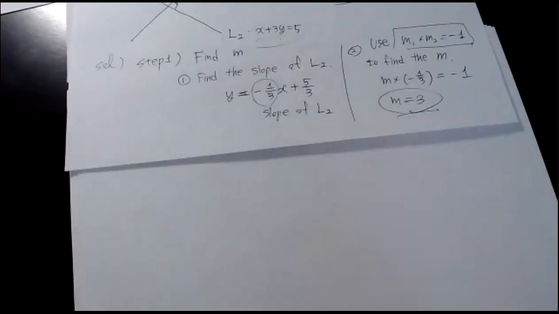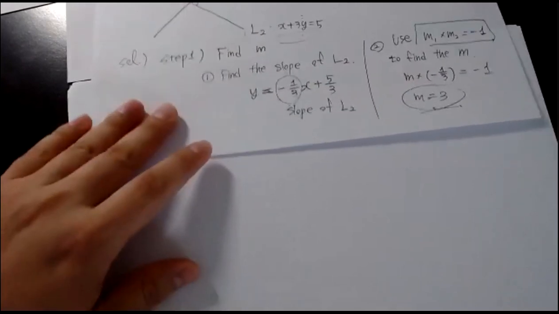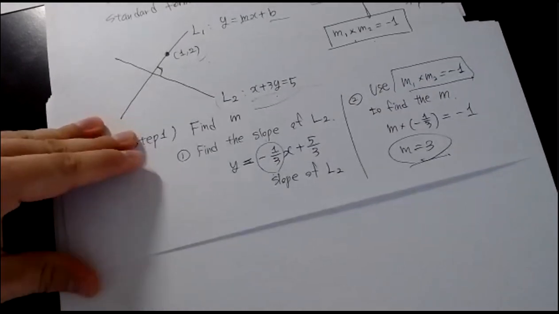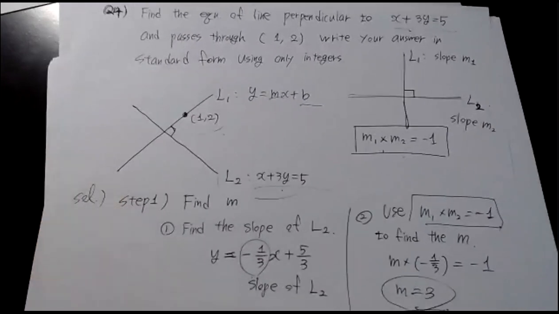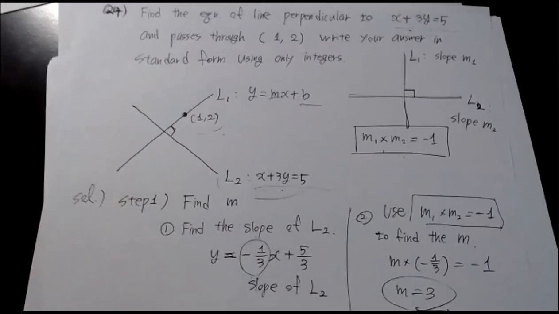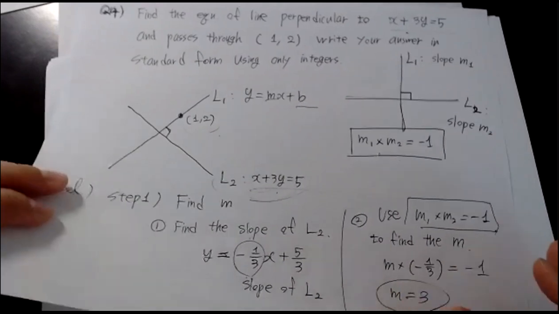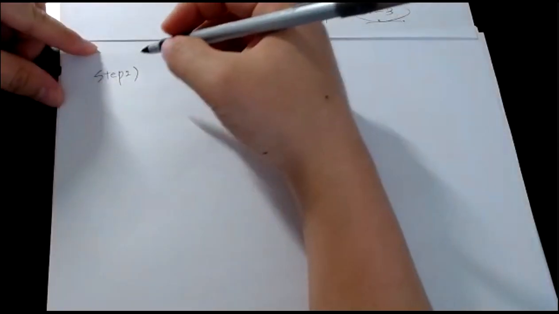Now step 2. What are we going to do? We plug (1, 2) into the equation, then we can find b.